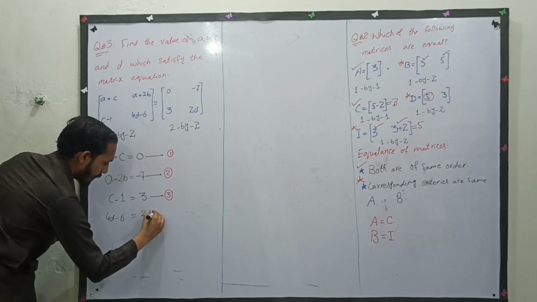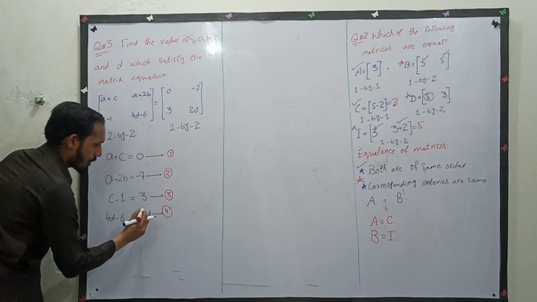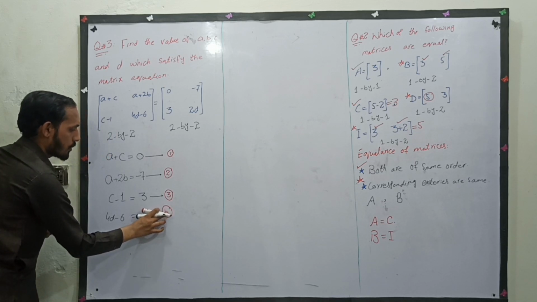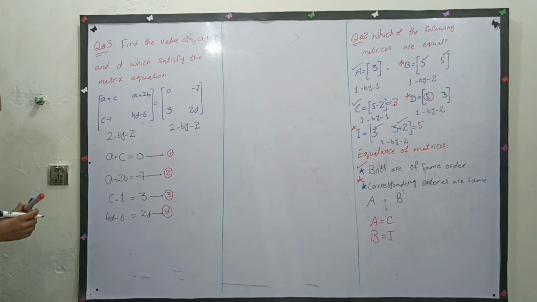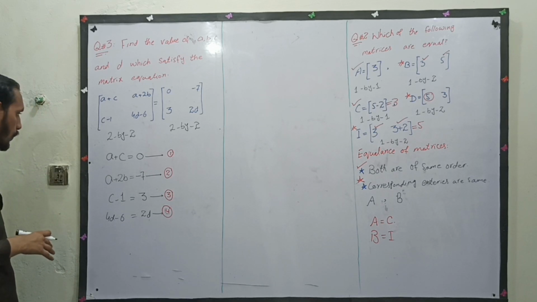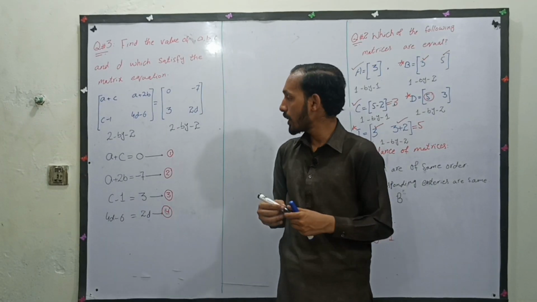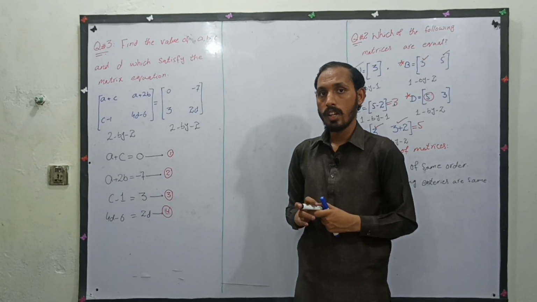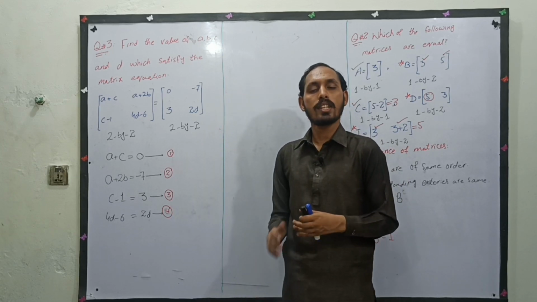So this is our equation number 4. We have these 4 equations, and we have to solve them to find the values of A, B, C and D. Which equation will be solved first? It is the important question. The question now is, which of these four equations do we solve first?